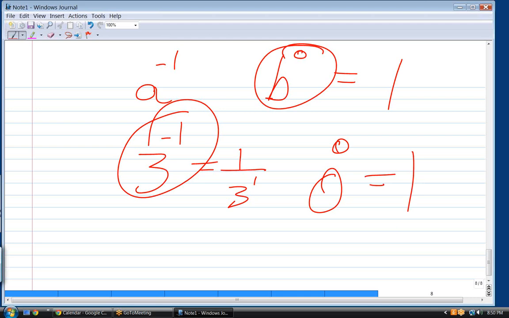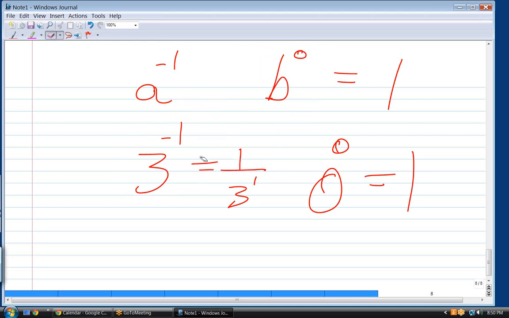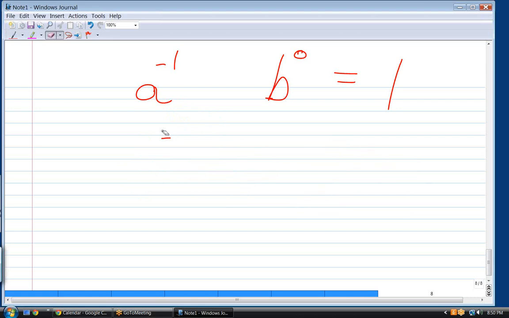So did we answer the question? It was 2 separate expressions they wanted you to evaluate, when a was equal to 3 and b was equal to -1. It doesn't really matter what b is equal to. As long as it's being taken to the 0th power, it's equal to 1.